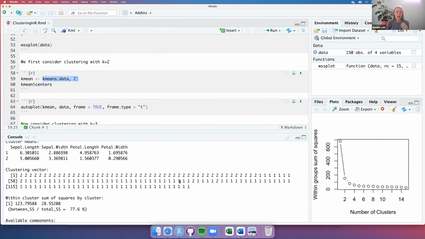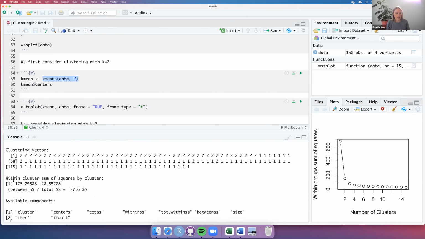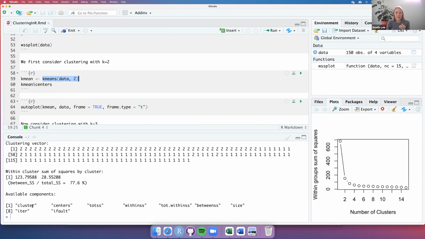We can map that back to the data set and see who's in what cluster. Then it calculates the within cluster sum of squares, which is a measure of variability. We don't need to worry too much about it. Then it has a list of all these available components.